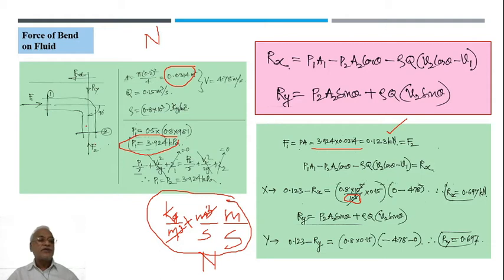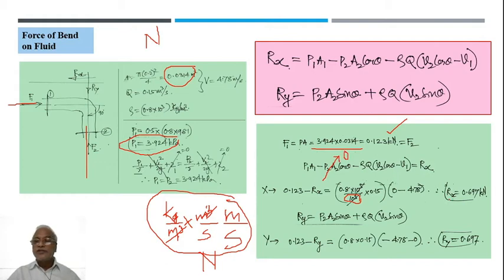Here the velocity is this way, so there is no component of velocity in this direction, or if you substitute 90, cos 90 is 0, right, minus V1, the original velocity, 4.78. Okay, and the P2A2 cos theta, this is cos 90 again, because of that this is also 0, right, so this becomes 0.